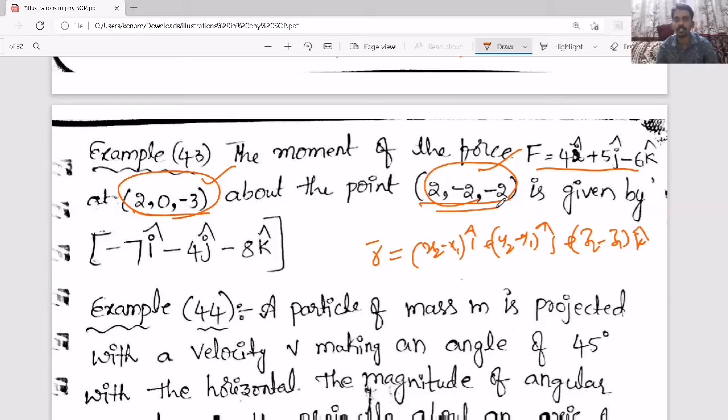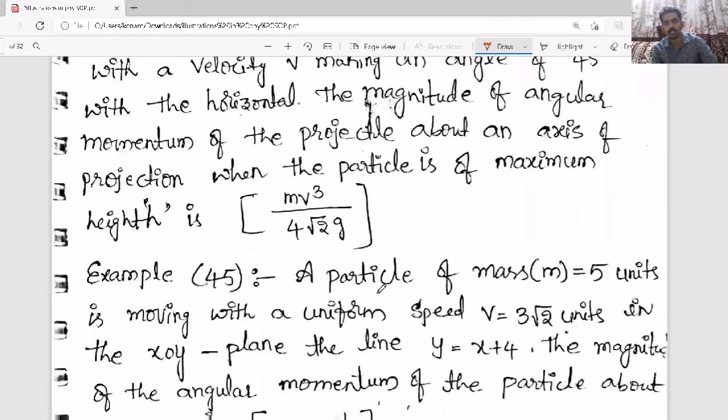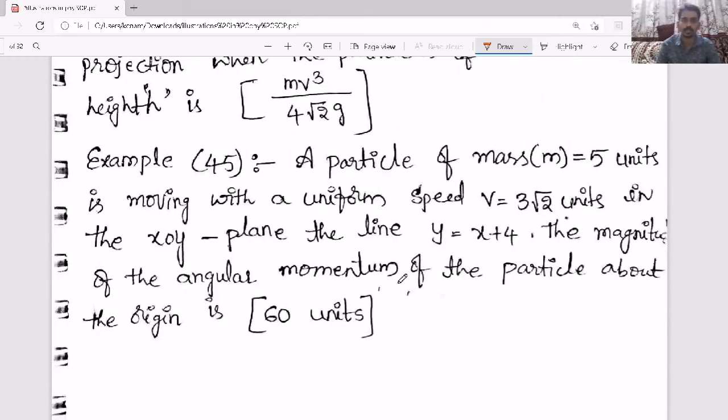Here, what is the reference point? 2, minus 2, minus 2. What is the point where the force is acting? 2 comma 0 comma minus 3. Questions like that will come. Just try to solve the question.